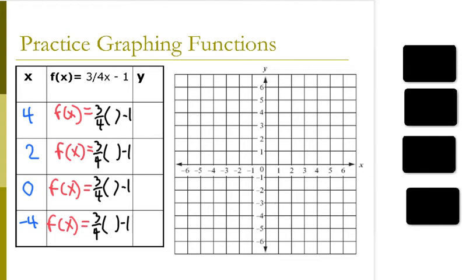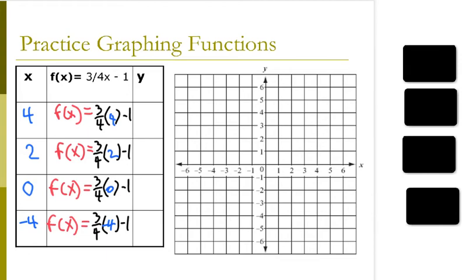If we input those values, so 4, 2, 0, and negative 4, 3/4 of 4 is 3, 3 take away 1 is 2, 3/4 times 2 is 6/4, and 6/4 take away 1 is 1/2. If we were to put in the y values that we got, this is what it would look like.